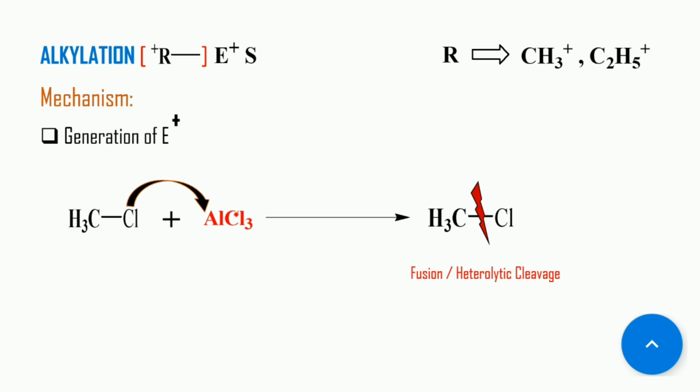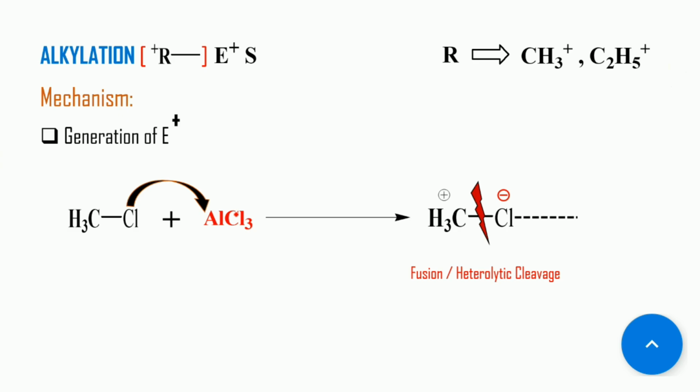Now we get our electrophile. Another one is the nucleophile, and AlCl₃ is a Lewis acid capable of capturing this nucleophile, which will prevent the reversible process of this mechanism.